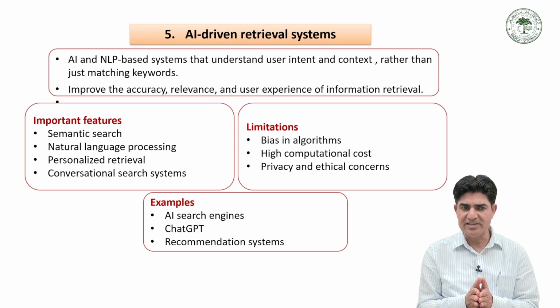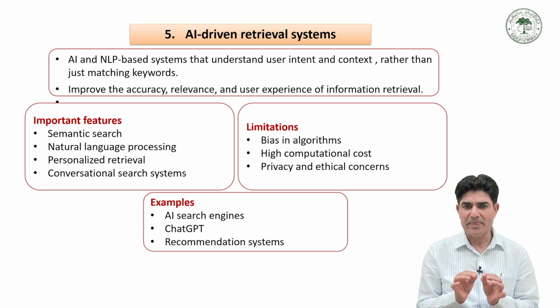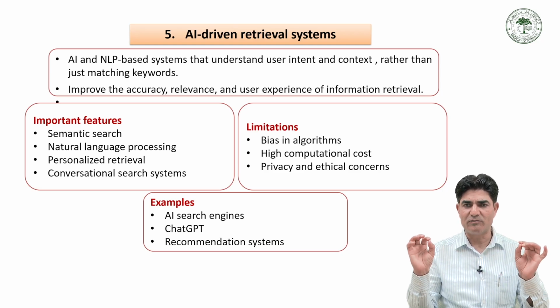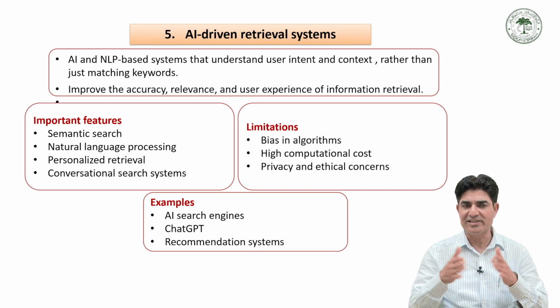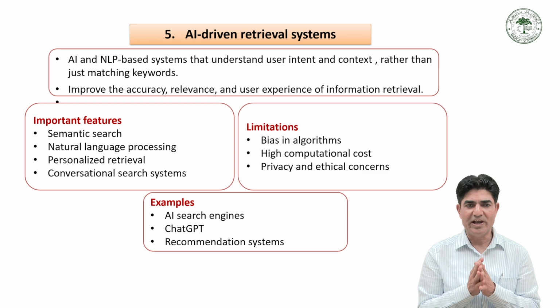Some of the important features of these kinds of systems include semantic search, where you can put your query in natural language. Then the retrieval system can understand your intent and context and try to retrieve results in accordance with that particular query, intent and context.